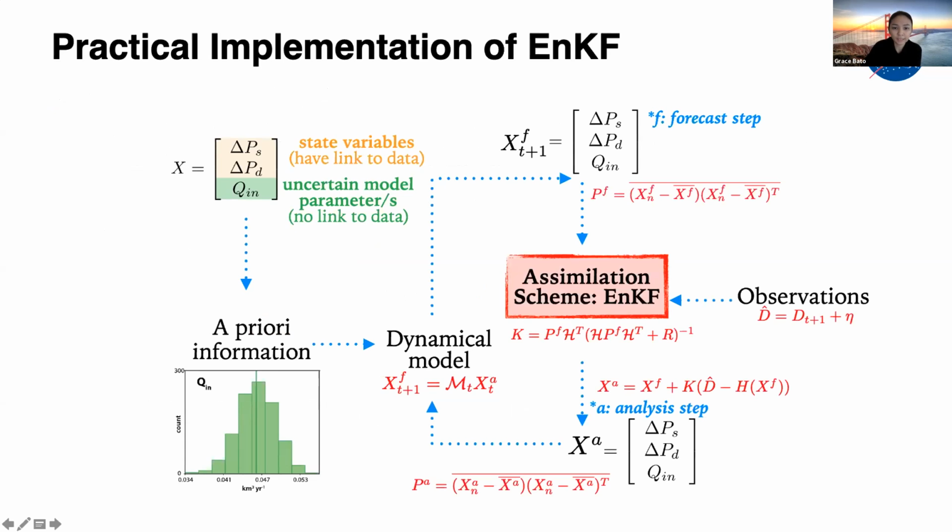So we basically sample from this a priori information using some n number of models. Then we feed it to your dynamical model, and this will allow you to forecast the next state of the system and compute the error covariance. Now, again, when observations are available, you feed them into your assimilation scheme, and you compute the Kalman gain, and then you compute the analysis. And then the process repeats over and over again.